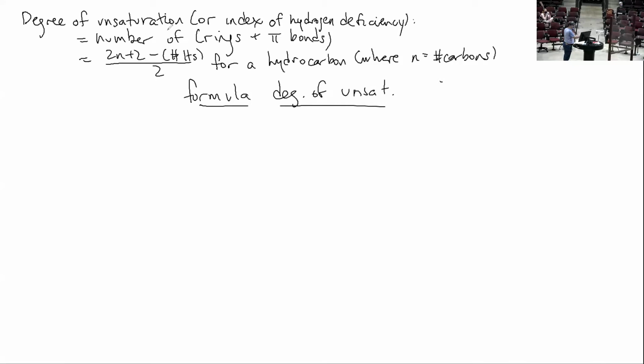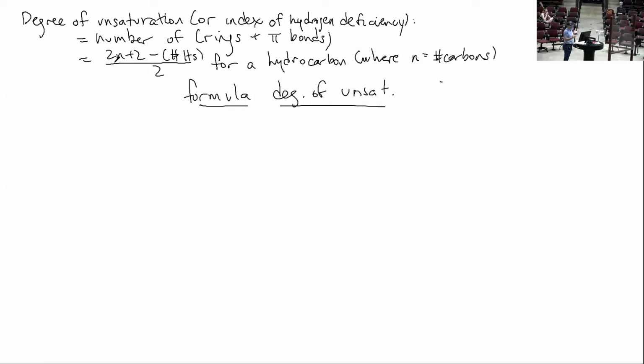And I should mention, you should always get a whole number, meaning an integer 0 or higher. So if you get a degree of unsaturation of 3.5, you did something wrong. It should always be 0 or 1 or 2 or 3, etc. And the way this works, you might remember talking about 2n plus 2. That was something we talked about in an earlier chapter, where n is the number of carbons, 2n plus 2 is the maximum possible number of hydrogens you can have.